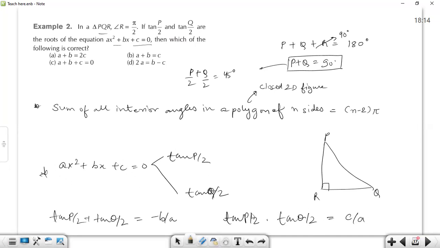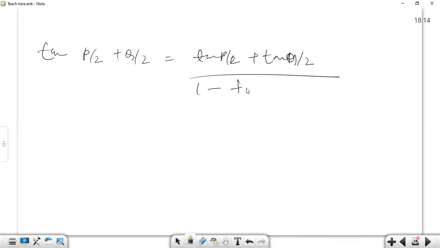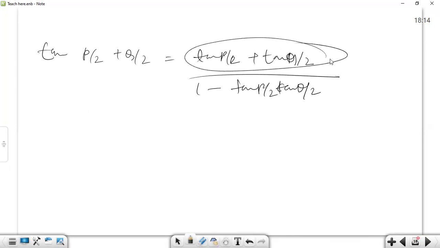So now we know, we can make out from these two given terms that there is a formula: tan of P by 2 plus Q by 2 is equal to tan P by 2 plus tan Q by 2 upon 1 minus tan P by 2 into tan Q by 2. We know about this because we have found its relation with respect to coefficients.